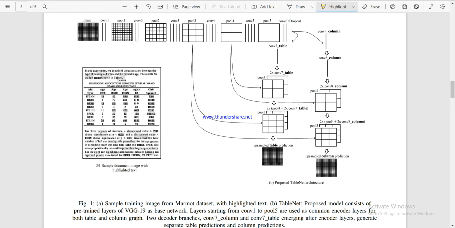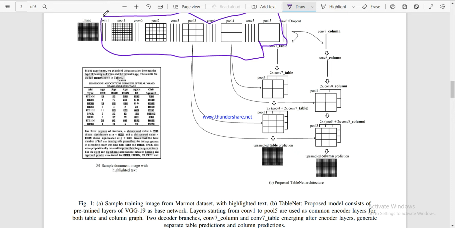Before that, all are encoder layers. Let me use some pen. Up to this convolution 5, sorry, I'm not good at drawing, up to here is the encoder.